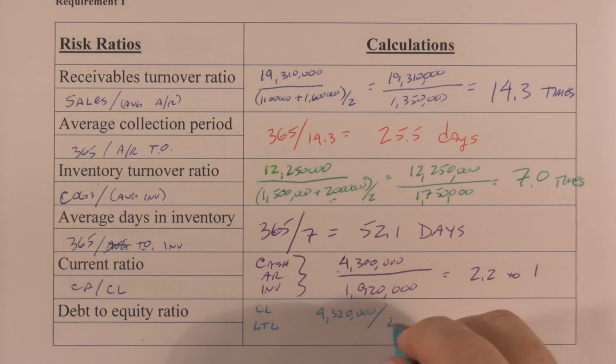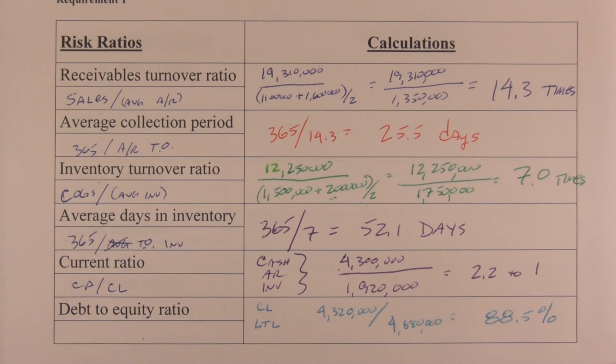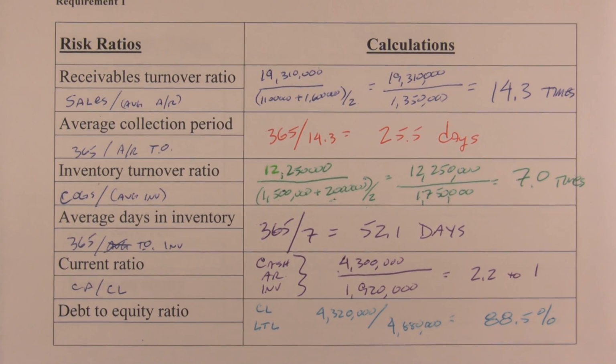That's 2,980,000 for retained earnings, 1.9 million for common stock, for a total of 4,880,000. And that gives us a percentage, 88.5%. That gives us the relationship between our debt and our equity. It says roughly, of all our assets, this is how we finance them between debt and equity. That's the way that works out.